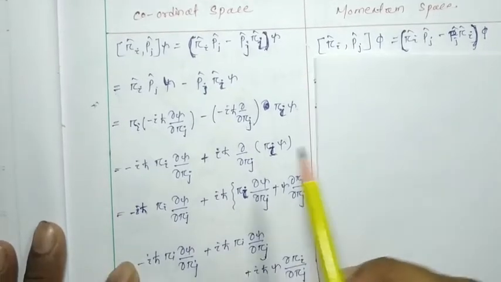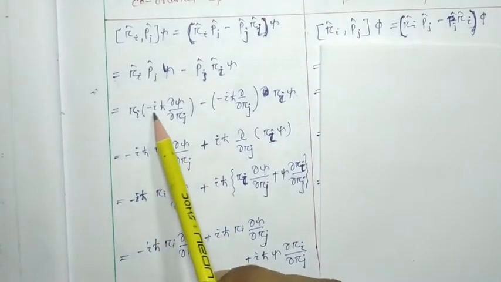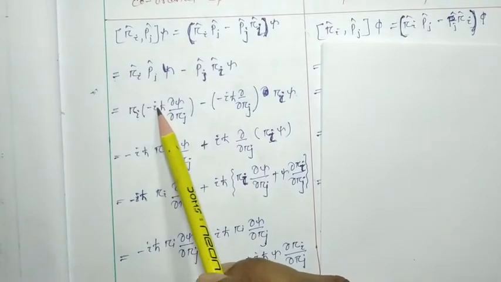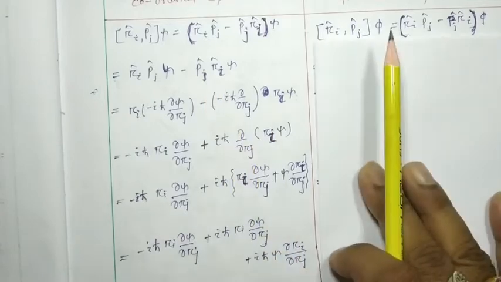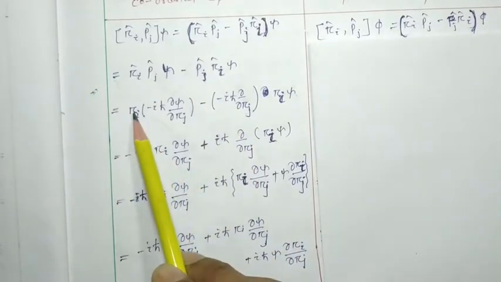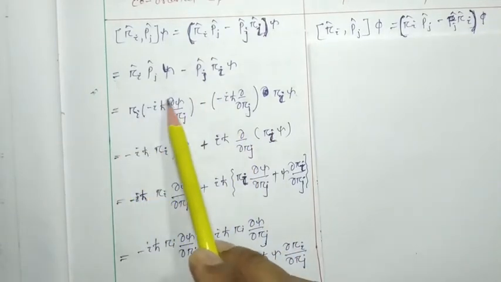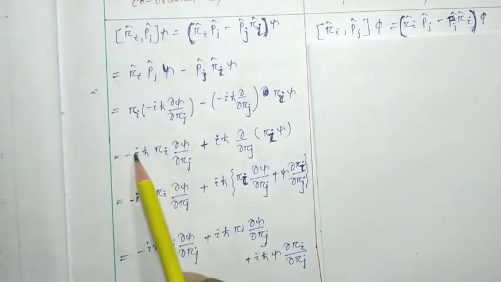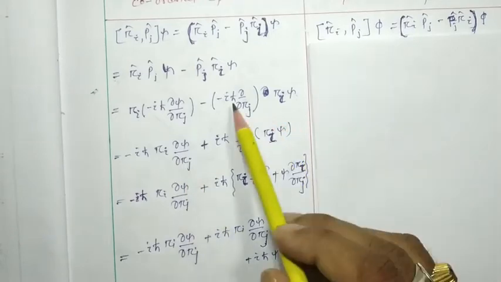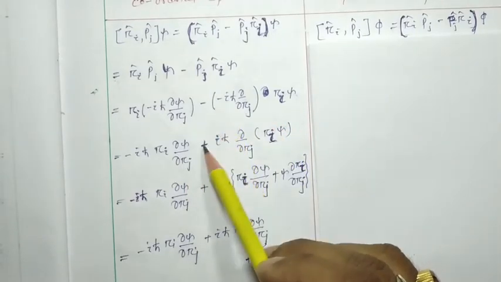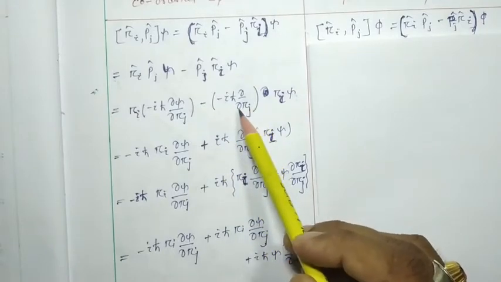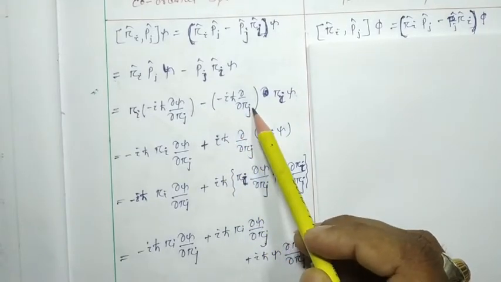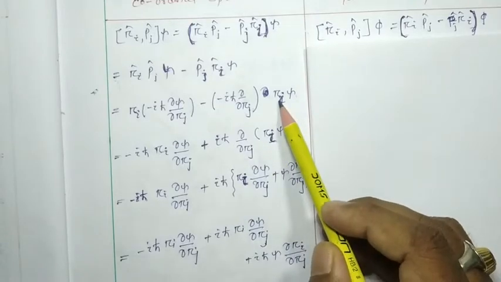Okay, now here minus i h cross is a constant, can be taken outside. Here Ri only represents the position, so when it is operated, it will be minus i h cross Ri del psi by del Rj. Now here minus will be plus, i h cross will be over here, then del by del Rj operates over Ri psi.